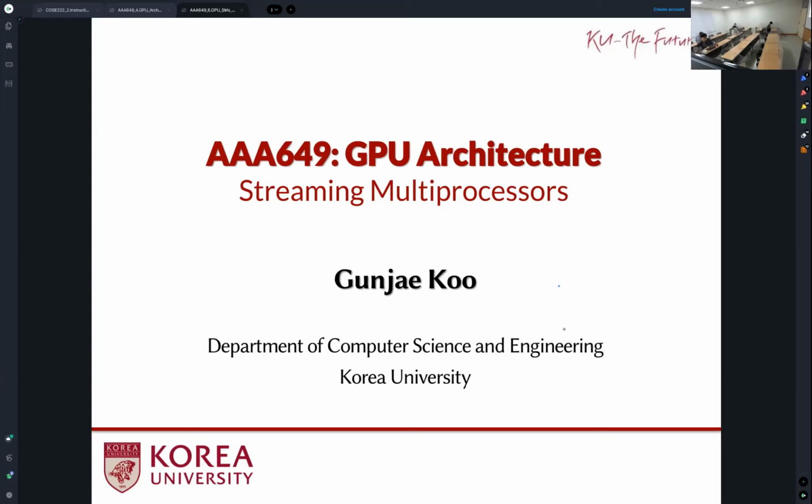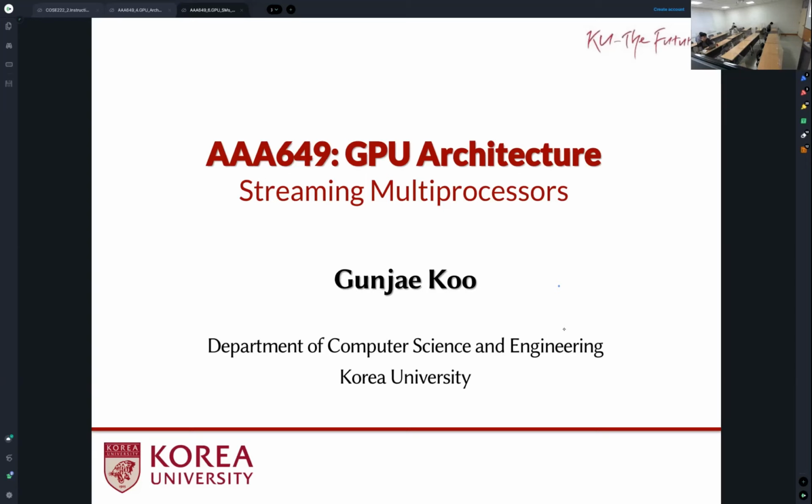NVIDIA has changed their GPU architecture over the generations, and recently they announced Hopper. But in the assignment, you are requested to study up to the Ampere architecture. So they changed their GPU configurations and architectures.